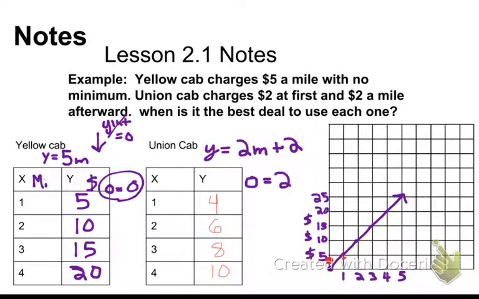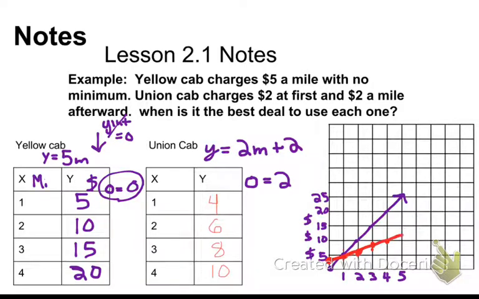So I'm already cheaper than the other cab. And then it's only going to cost me $6 after that. And then after that, it's going to cost me about $8 for 3 miles. And then at 4 miles, it's going to cost me an even 10.